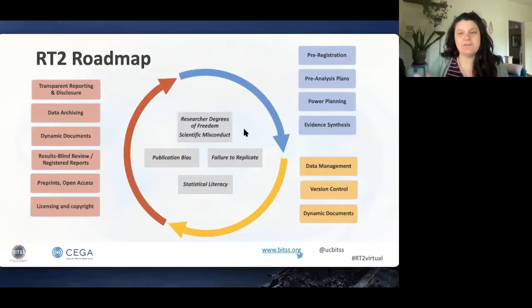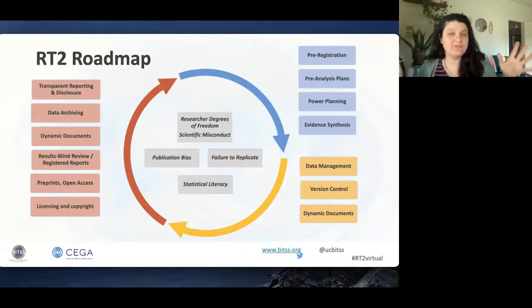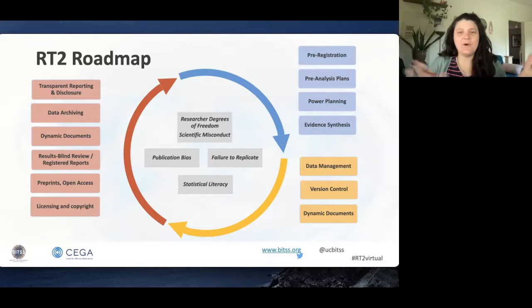So I'm going to give you a bird's eye view of designing a reproducible collaborative workflow that touches on this whole RT2 roadmap without going into detail of any of it. So the keyword I'm going to stress here is designing.